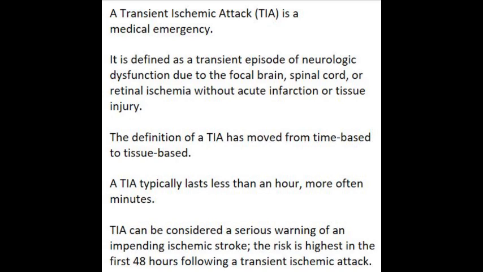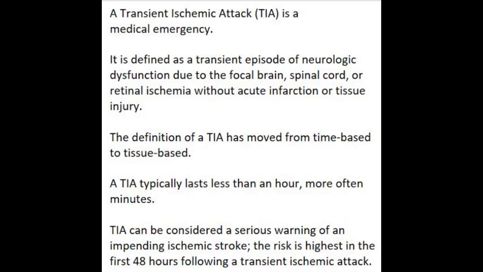The definition has moved from a time-based definition to a tissue-based definition. Typically, a TIA lasts for less than an hour. Most often, TIAs occur within minutes and resolve after some minutes. It's a very serious warning of an impending stroke, and the risk of a stroke is highest within the first 48 hours following a TIA.